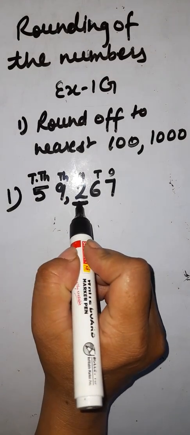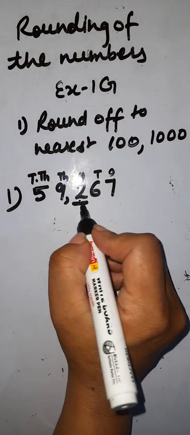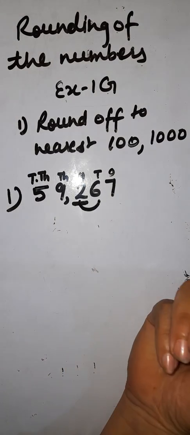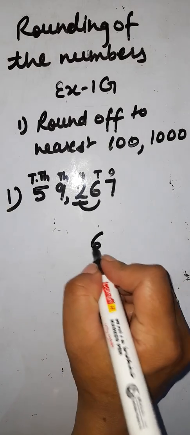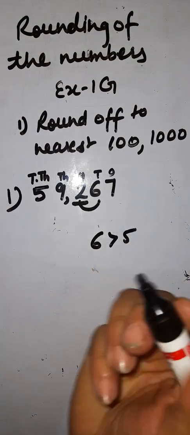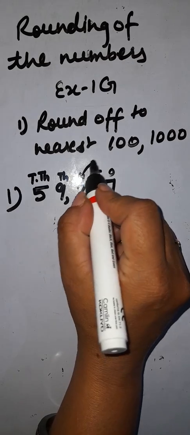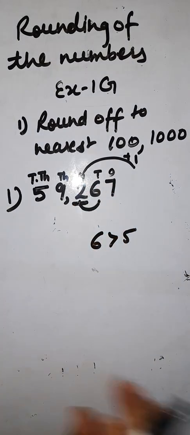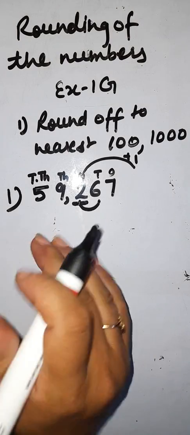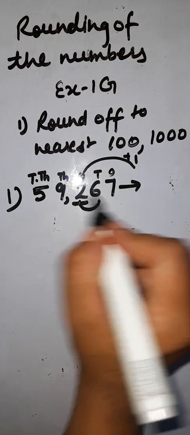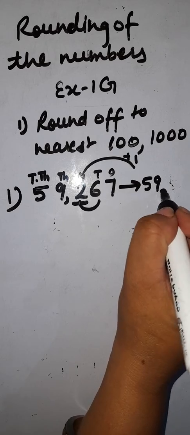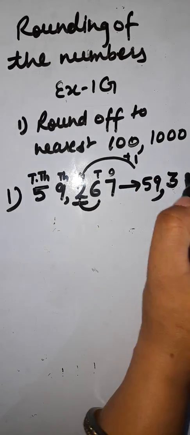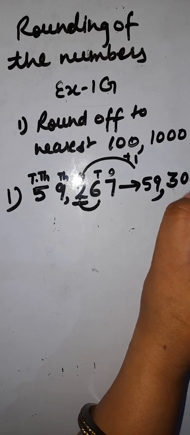So we will round off this number. Look at its next digit. Yes, 6. 6 is greater than 5. So we will add 1 to this digit. The rest of the number we will write as it is, 5, 9, and 2 plus 1 is 3, and the next two digits will convert into 0.